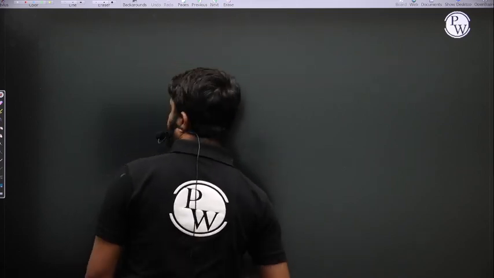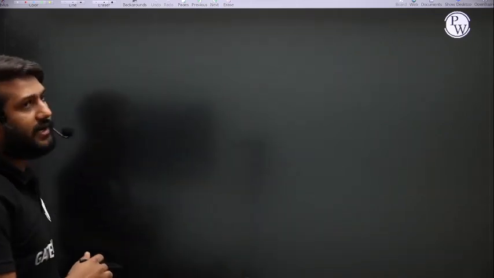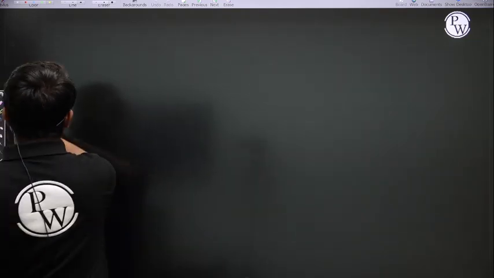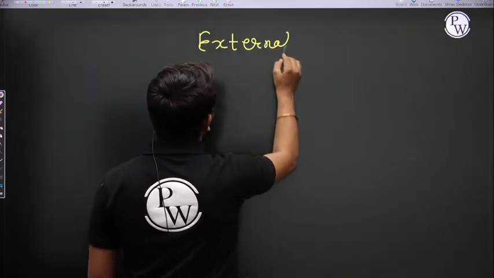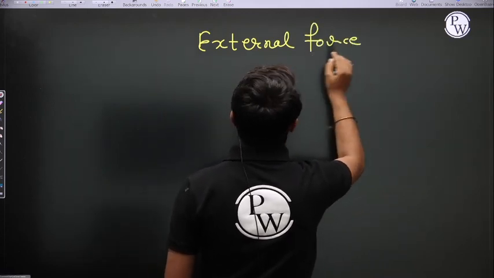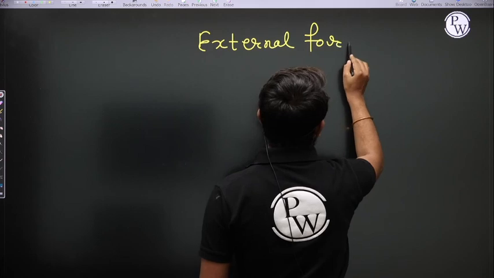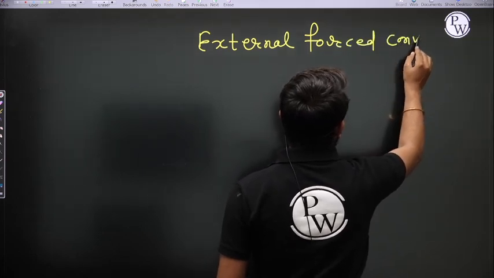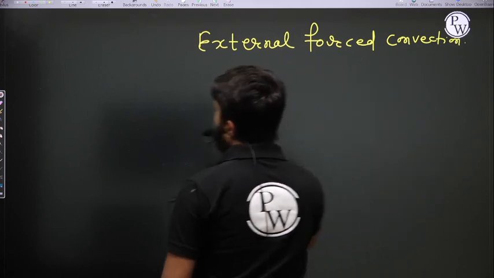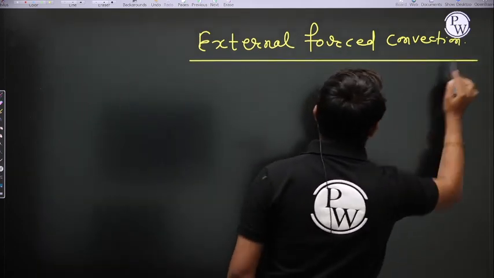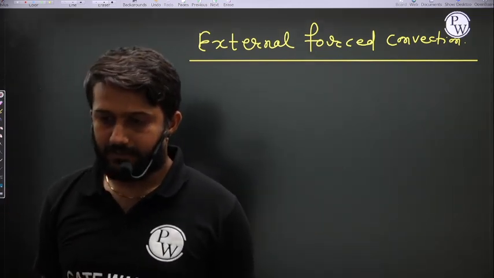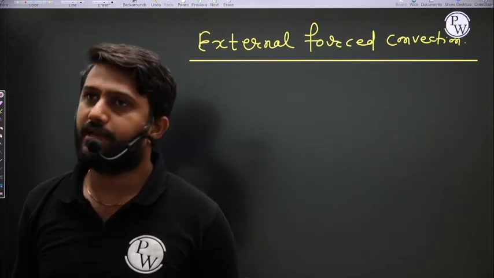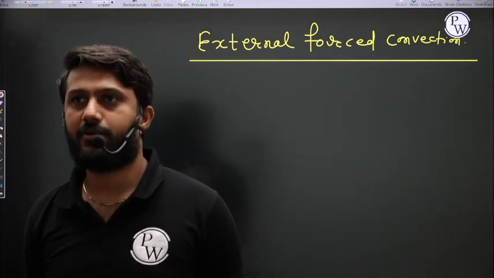Okay. If it is clear, then come to the next important part. In external forced convection, I already told you, there is a formation of the thermal boundary layer, as well as a formation of the hydrodynamic boundary layer, right?